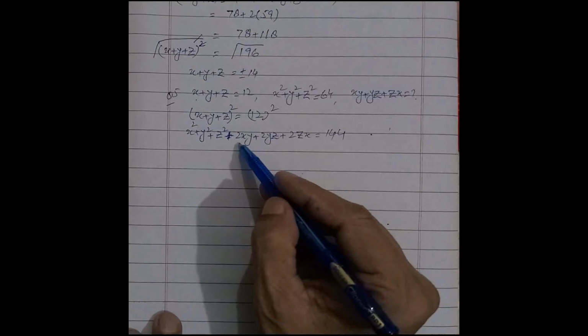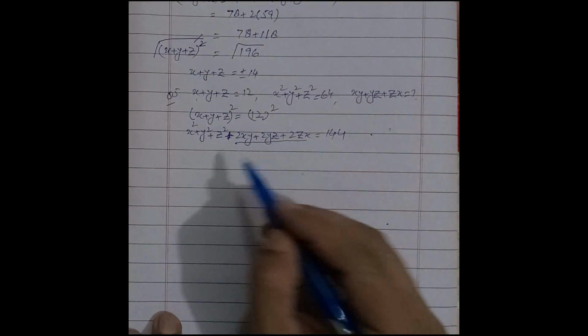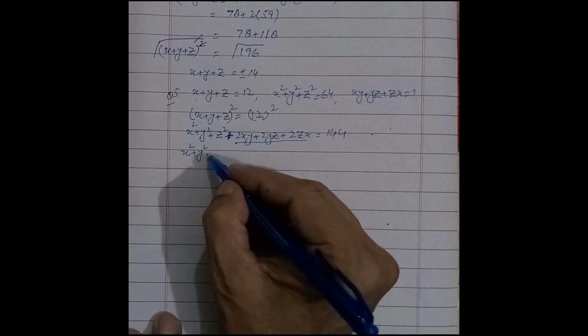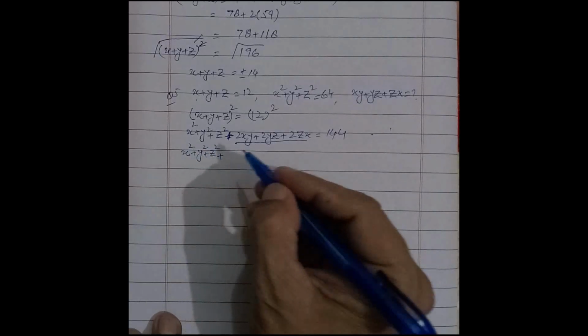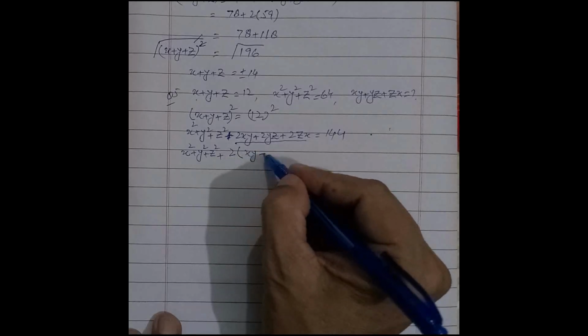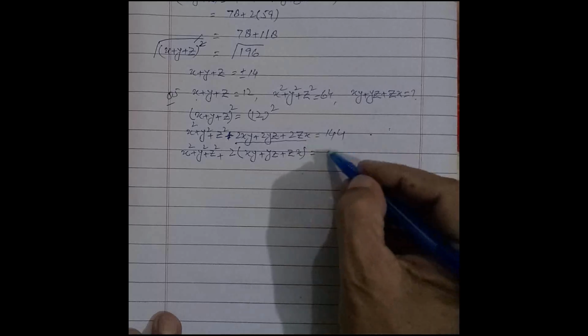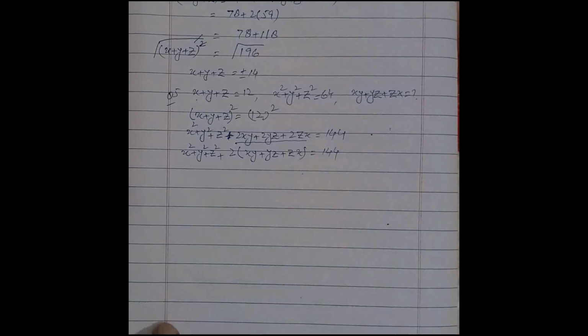And on the next step, we take common 2 from these values, and we get x square plus y square plus z square plus 2 into (xy plus yz plus zx) is equal to 144.